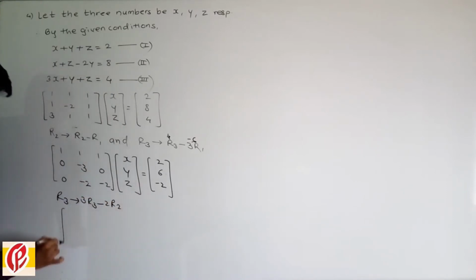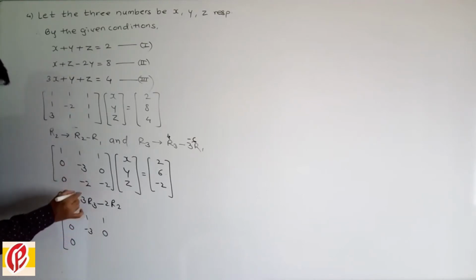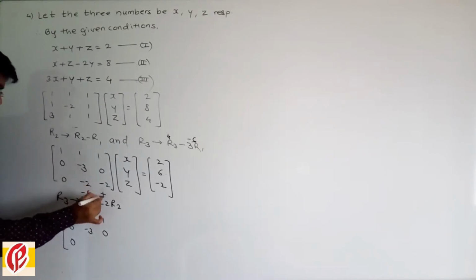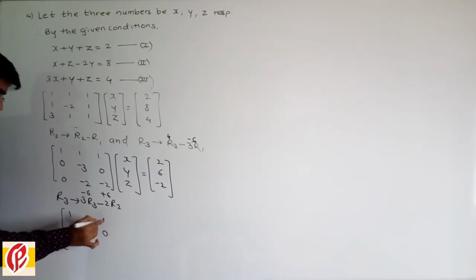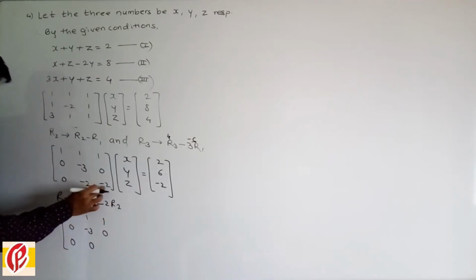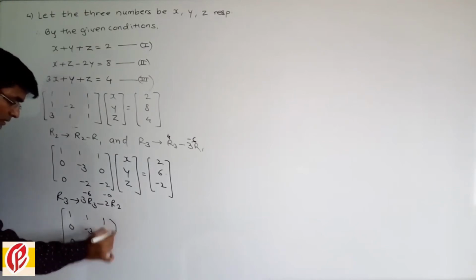So we get 1 1 1, the second row as it is, 0 minus 3 0, and the third row: 0, then 3 times minus 2 is minus 6, minus minus plus 2 times 3 is 6, so 0. Then minus 2 into 3 into minus 2, here is minus 6, minus 2 into 0 is 0, so it comes to minus 6.